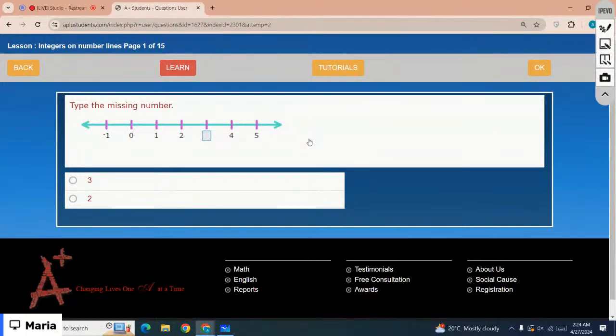Because the missing number is on the right hand side of 0, so that would be a positive number, and between 2 and 4, that would be 3. The correct option is 3 it is.